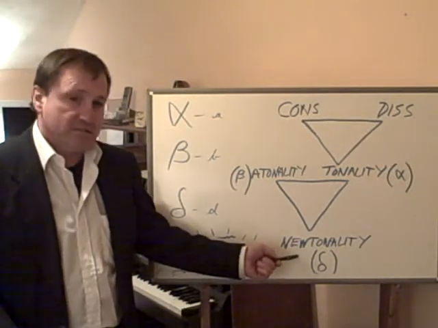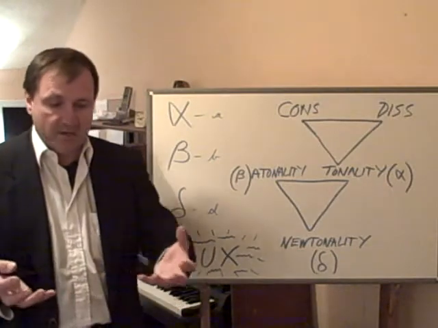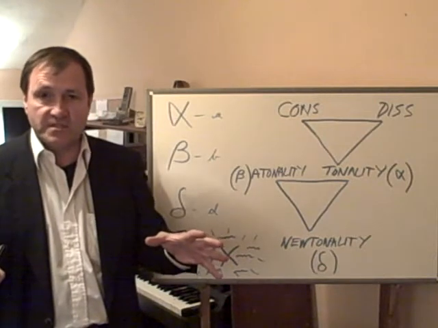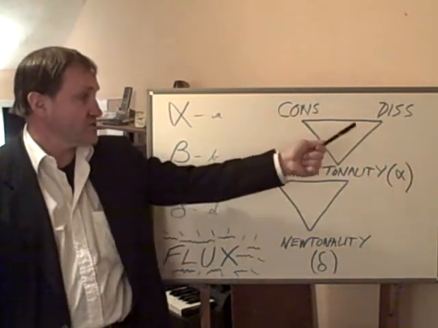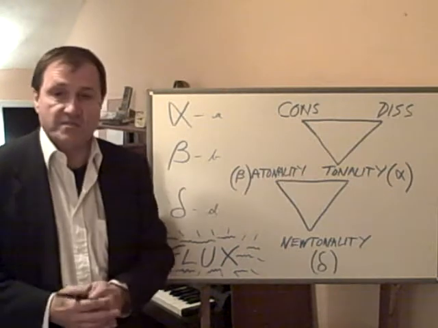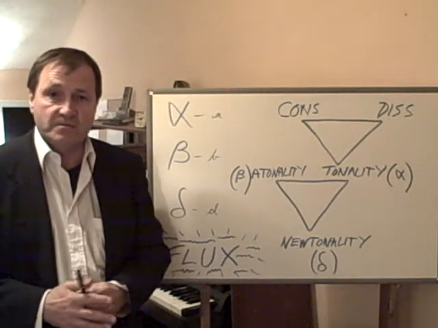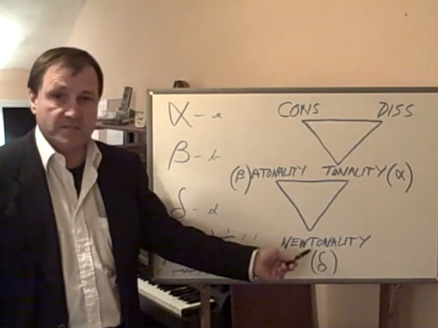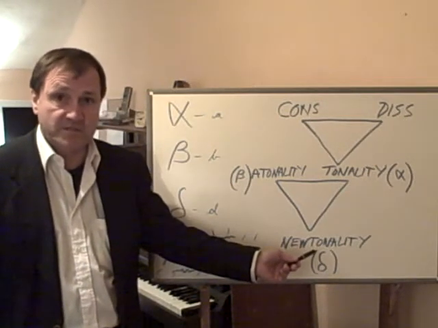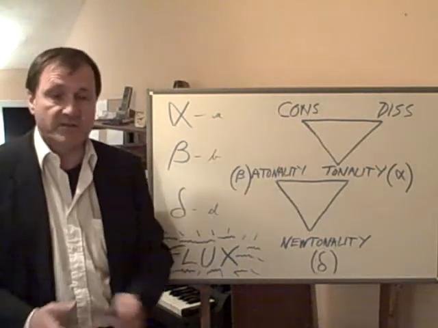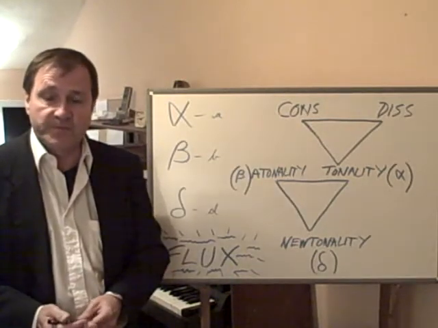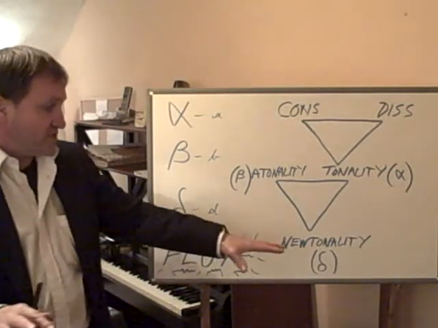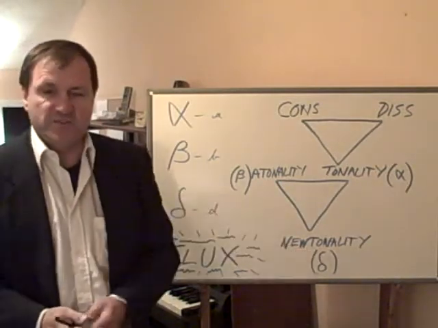As far as I'm concerned, Newtonality exists as a fact of human language in the same way that consonance and dissonance, tonality and atonality do. So it's not a case of I invented this. This is just something that happens because of the evolution of the musical language. Okay, so that's the basic definition of Newtonality.